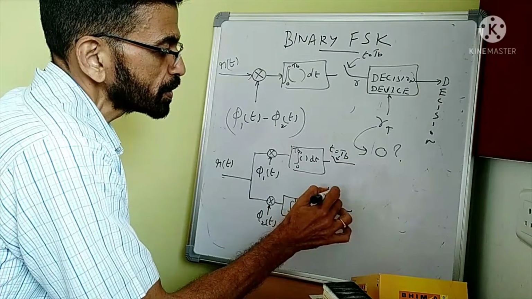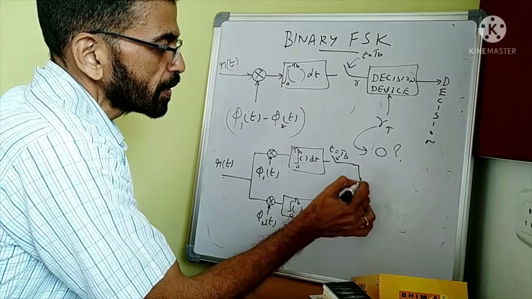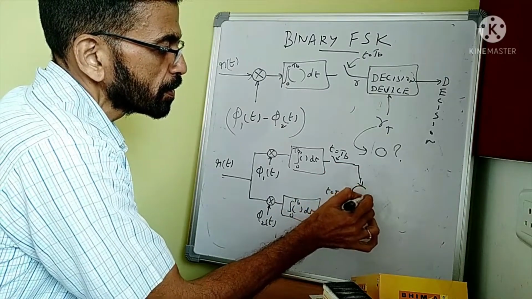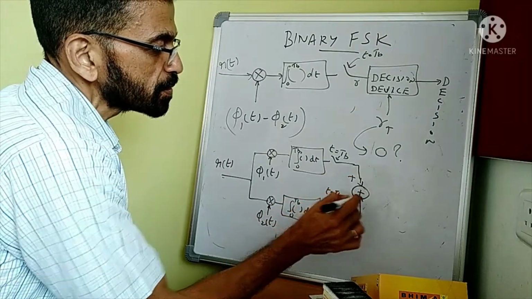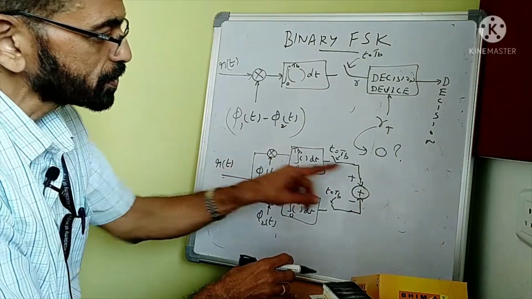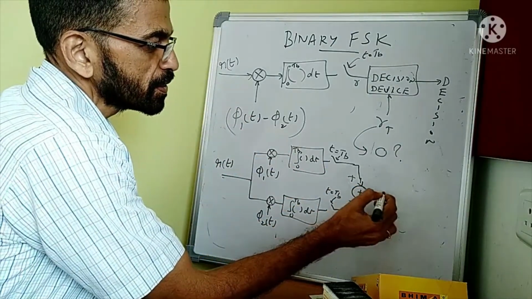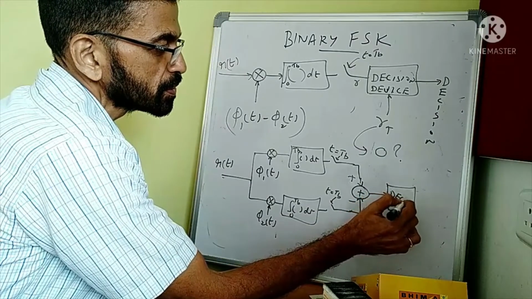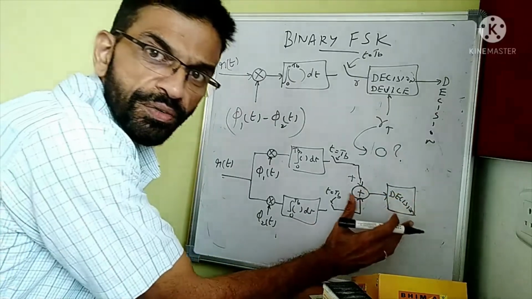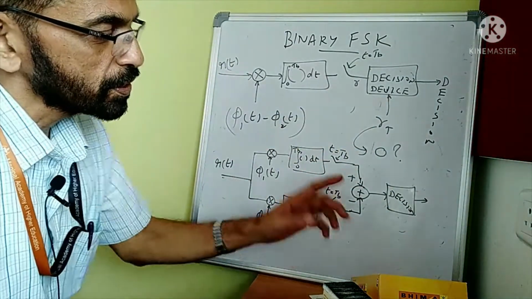Sample this also at the end of the integration interval, and you have an adder here, plus sign here, minus sign here. So effectively you will subtract. You can see it's the same thing that's happening, and give it to a decision device and get the decision at the output.